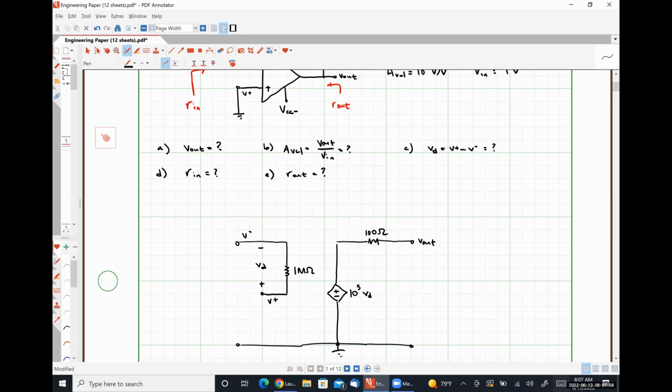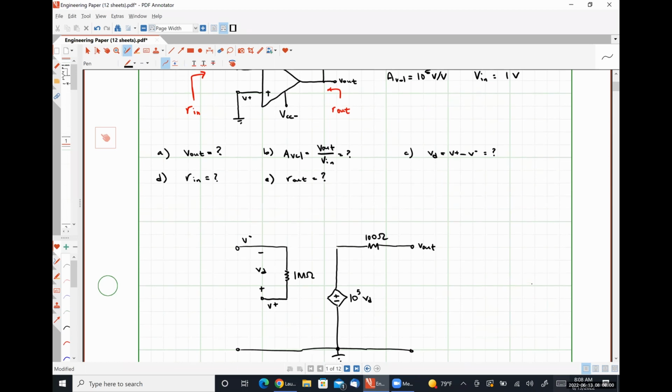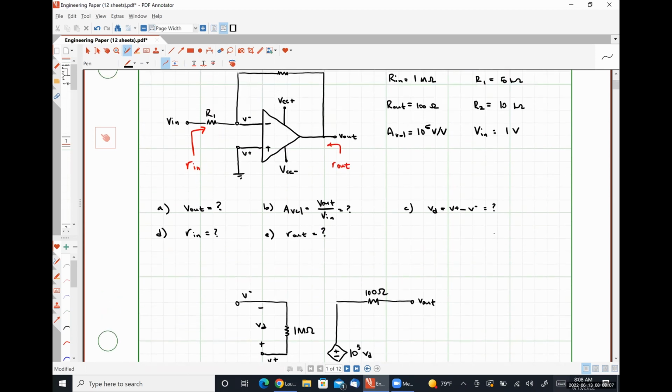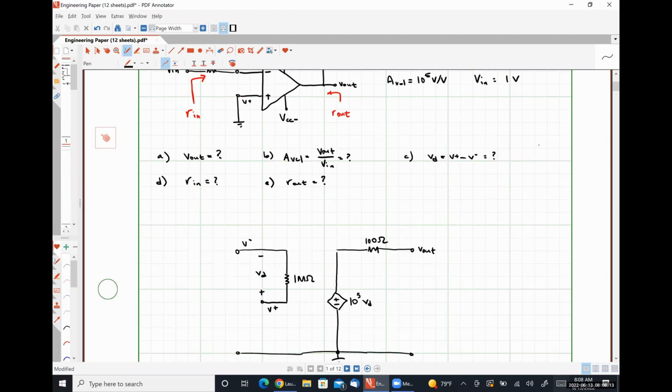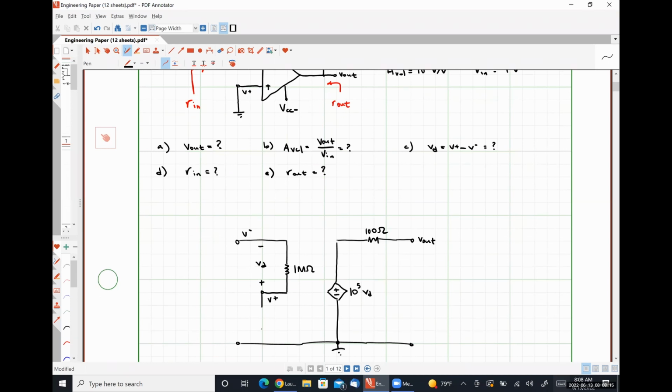So if we look back, this is our practical op amp model of just the op amp portion itself. If we refer back to our figure, we can see that the non-inverting input node labeled V plus is connected directly to ground. So I'm simply going to place a short circuit here.